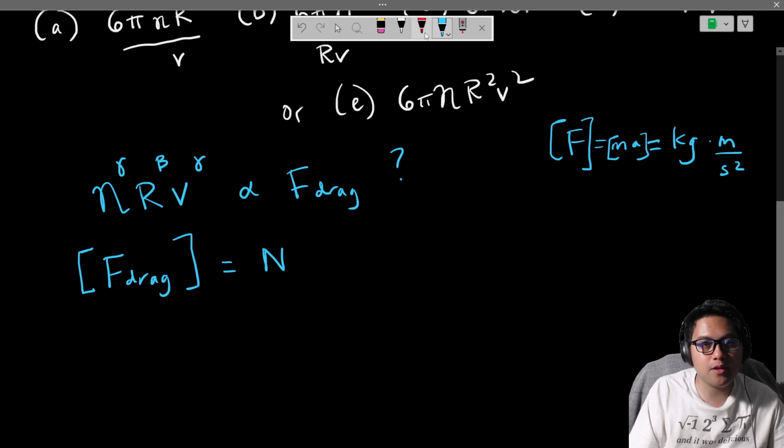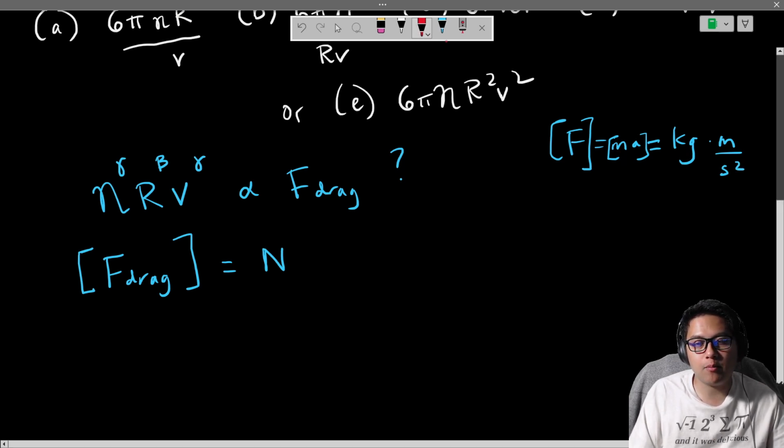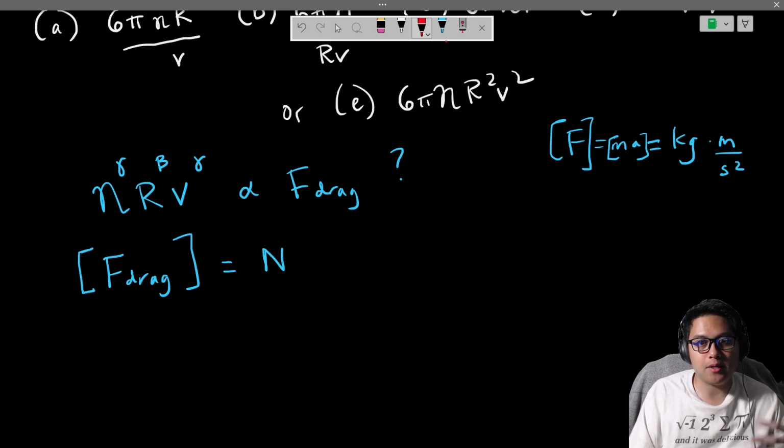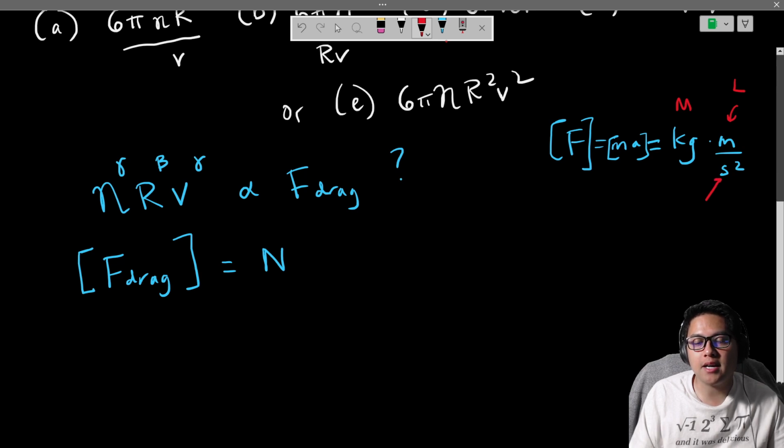Now, each one of these units can be broken down into a fundamental general unit, because kilogram is a unit of mass. Meters is a unit of length, and seconds is a unit of time, but it's squared. So this is actually a unit of T squared.